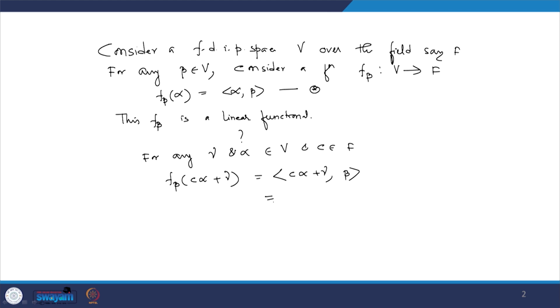So, from the definition of the inner product, this is equal to c times the inner product of alpha, beta plus the inner product of gamma, beta, and this is equal to c times f beta of alpha plus f beta of gamma. So, this implies f beta is a linear functional.